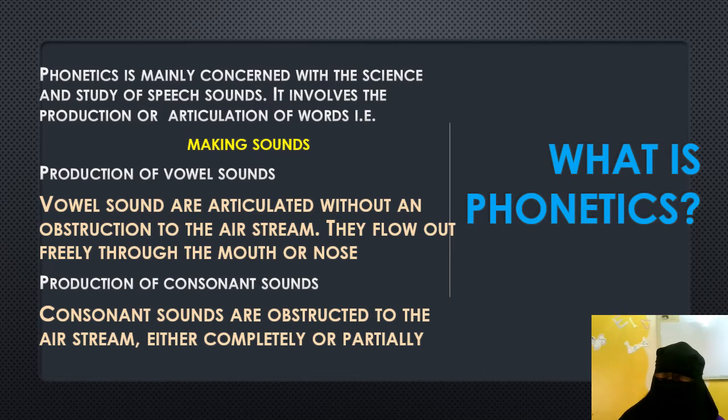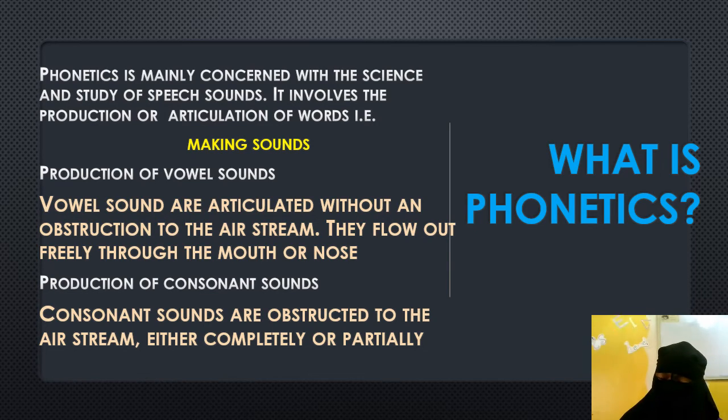What about production of consonant sounds? Consonant sounds are obstructed to the air stream. There's always an obstruction, either completely or partially. An example is b. There's an obstruction. It stops. You cannot flow like you flow in ah. There's always going to be an obstruction with your consonant sounds.